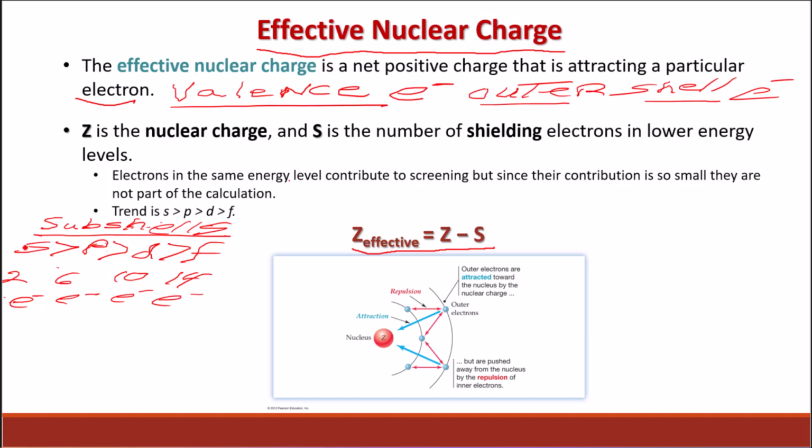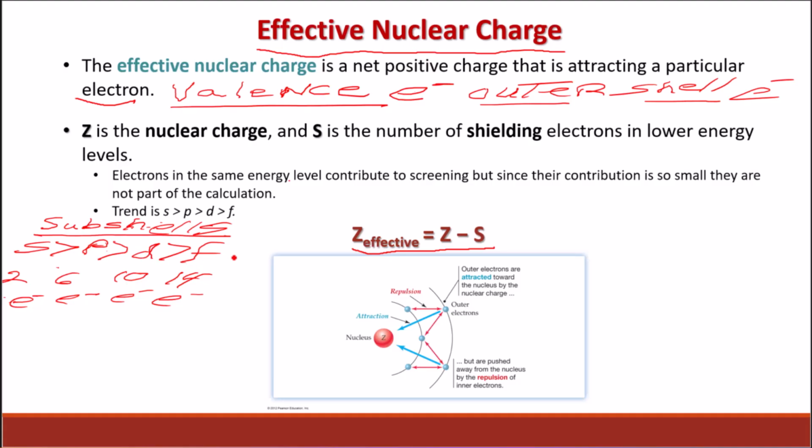Now, generally speaking, the S subshell has greater shielding because the electrons are closer to the nucleus in a spherical orbital. The P subshell, which is dumbbell shaped, is a little bit less shielding, but it still will be closer to the nucleus than a D subshell, which will be closer to the nucleus than an F subshell.